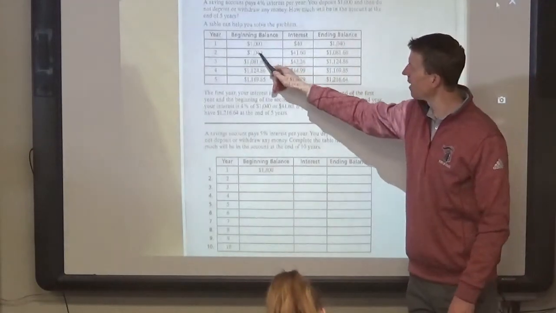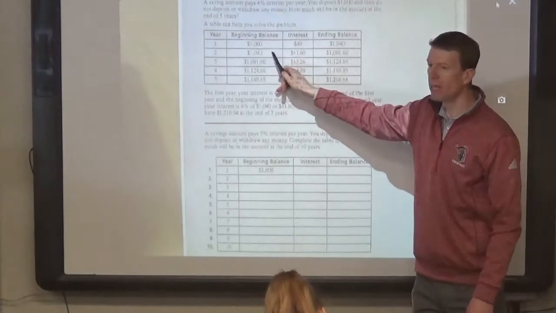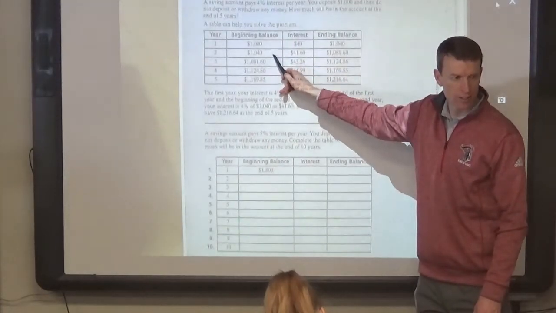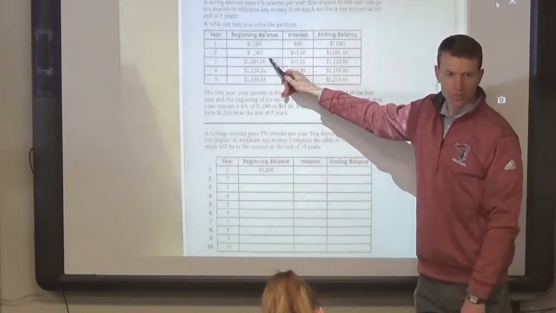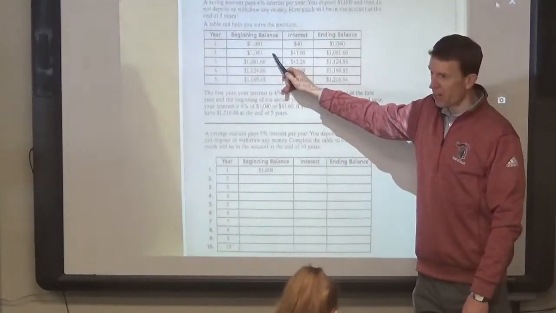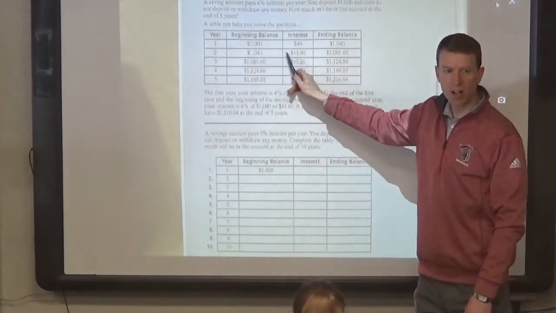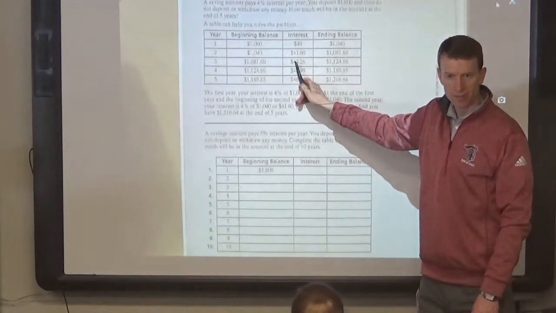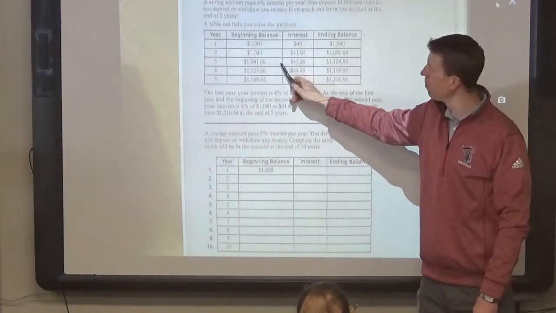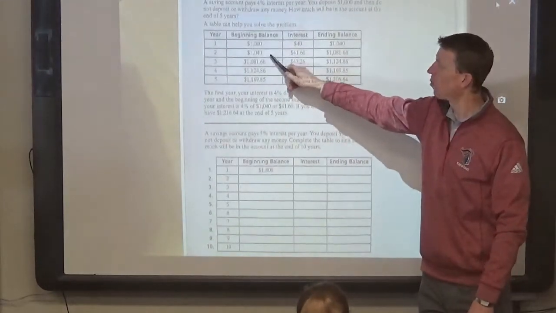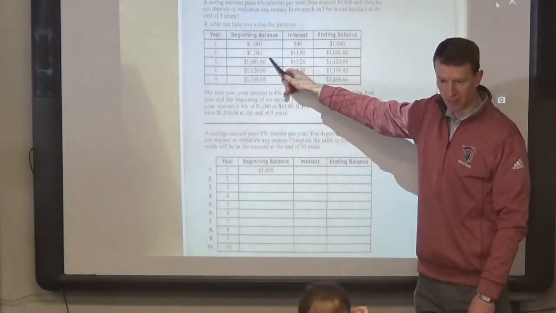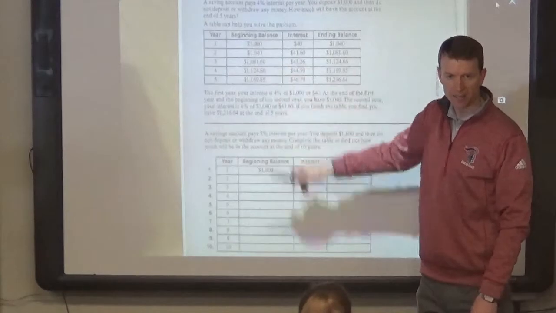Then look at the second line of the table. What is the beginning balance in year 2? $1,040. So then we have to find the 4% of the new amount. 4% of $1,040. How much is that?